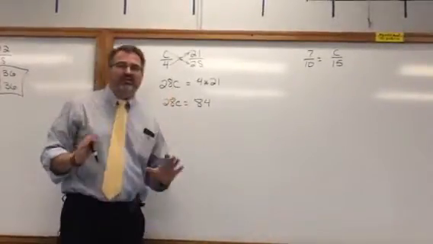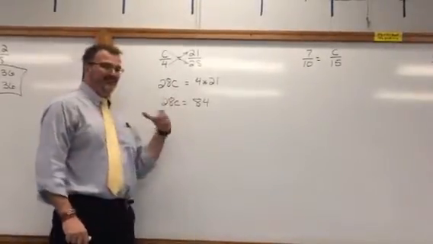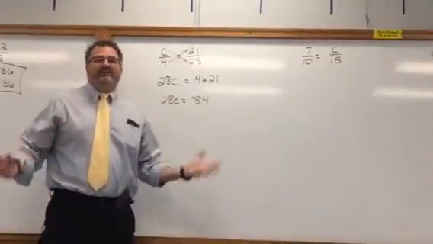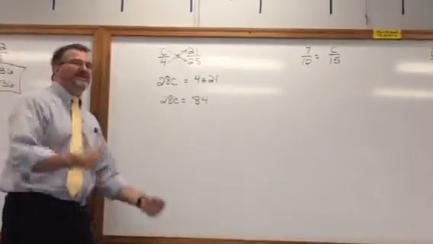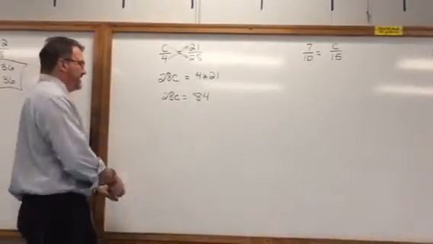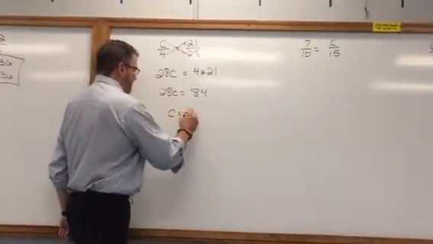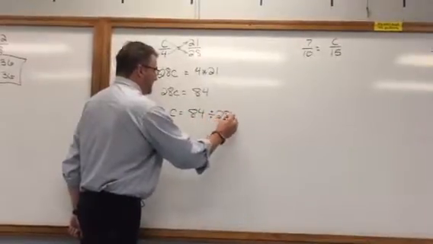So now this is what I have. I know that 28 times some number is going to equal 84. How can I figure out what that number is? Well, division is the inverse of multiplication. So all I have to do to figure out what C is, is 84 divided by 28.